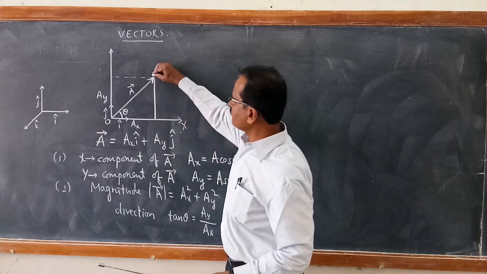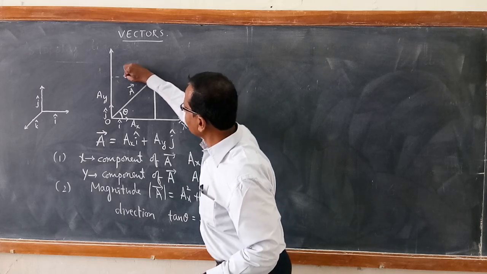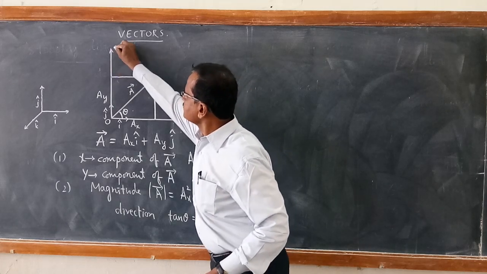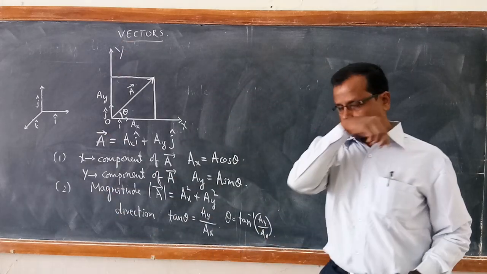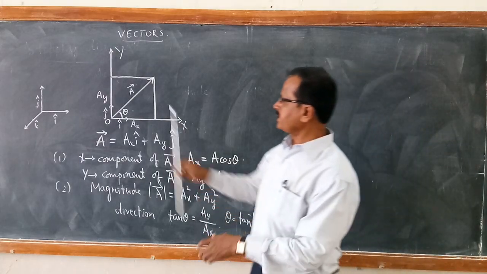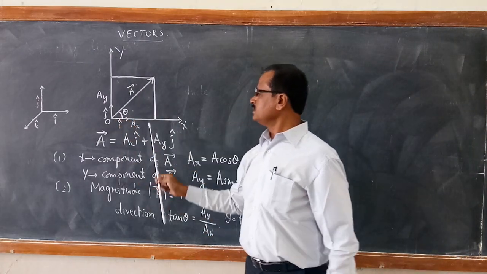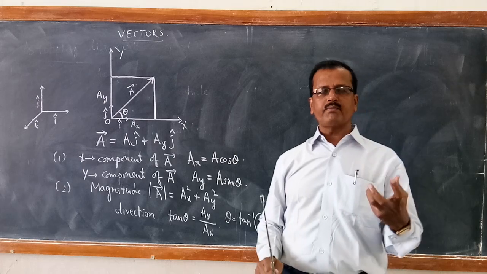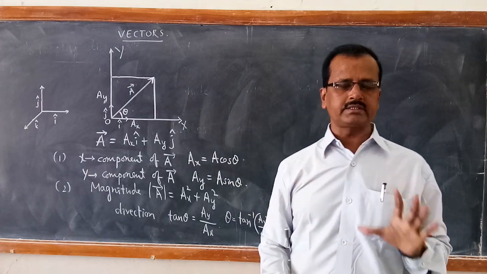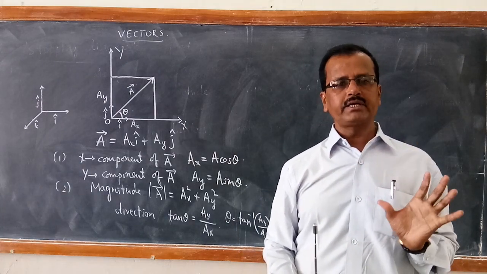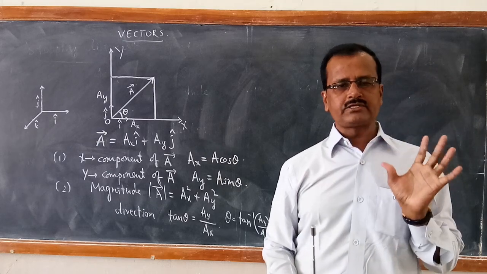Similarly, by drawing a perpendicular on the y-axis, we get the y component of the vector. This is the y component. So x component Ax and y component Ay are not vectors. They are just the magnitudes, just the lengths.